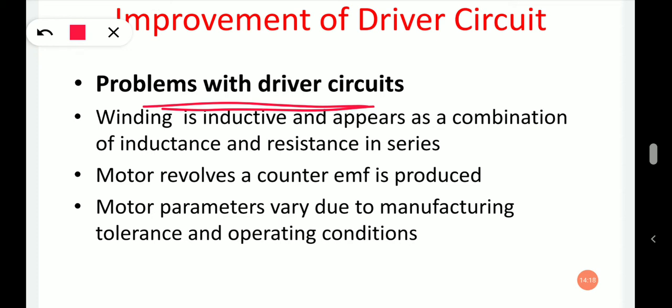In addition, as the motor revolves, a counter EMF is produced in the winding. The equivalent circuit of a winding is hence such as that shown. For designing a power driver, one must take into account the necessary factors and behavior of this kind of circuit.